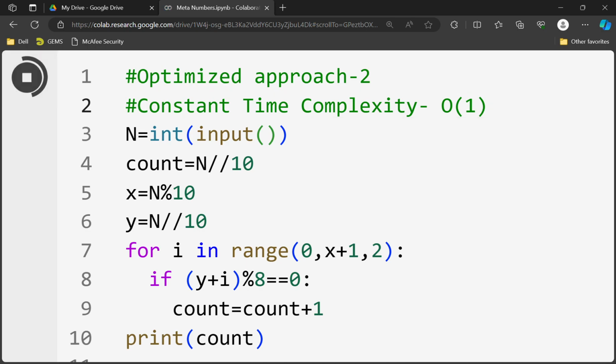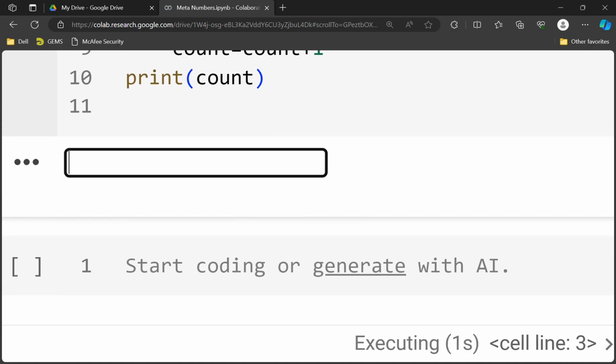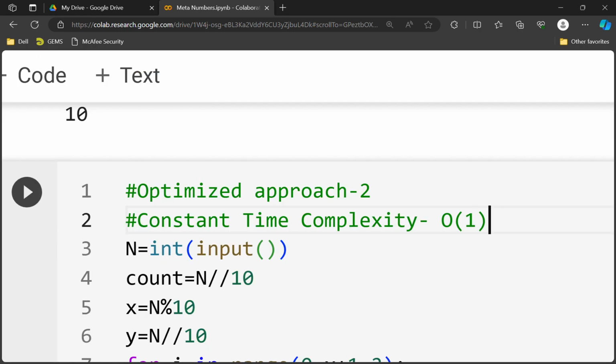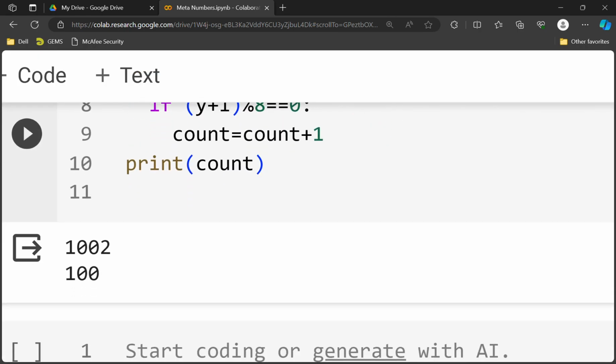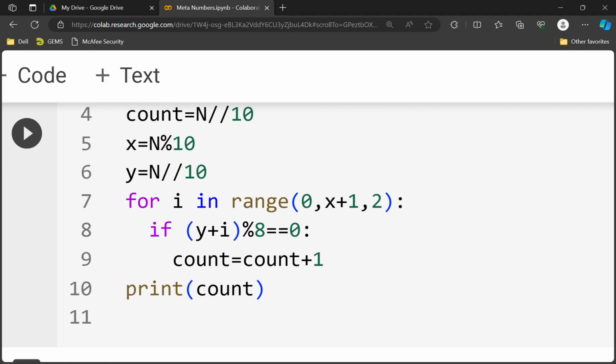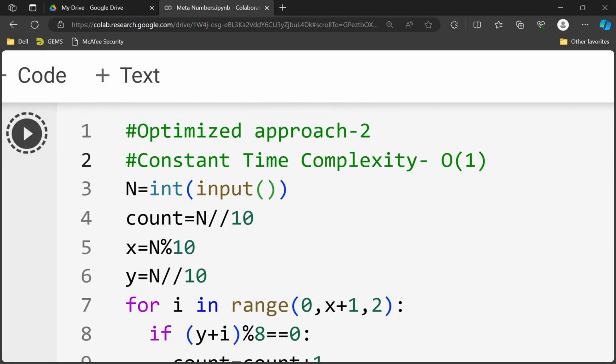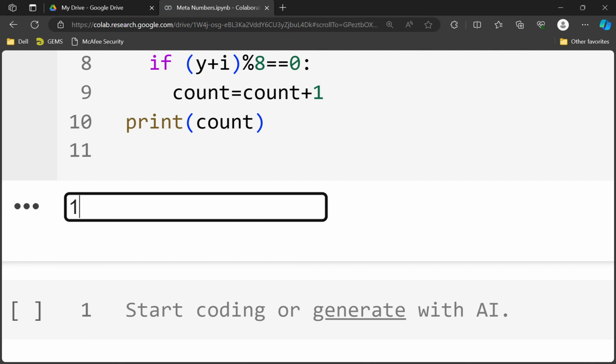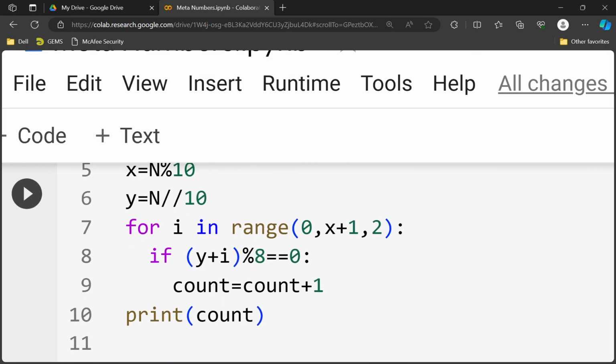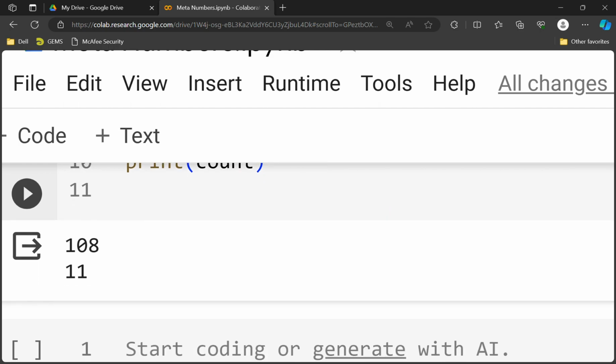Now, let me run this code. For example, 1002. What is the output I am getting? Yes, 100. Next, let me run this again. Let me take 108. It is 11.